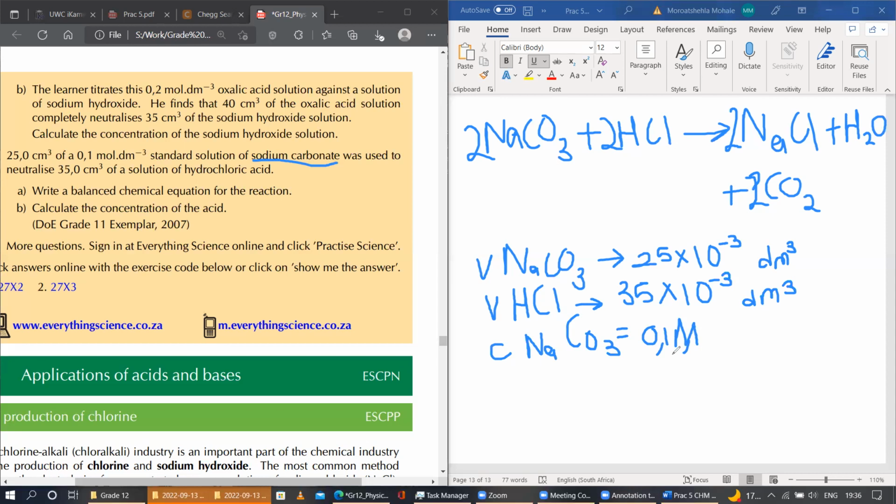I'm pretty sure they made you aware that concentration is in M, which is mole per cubic decimeter.